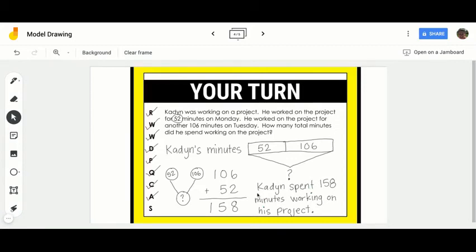All right, don't forget your capital letter and your period. And you can check mark off the S for your sentence.